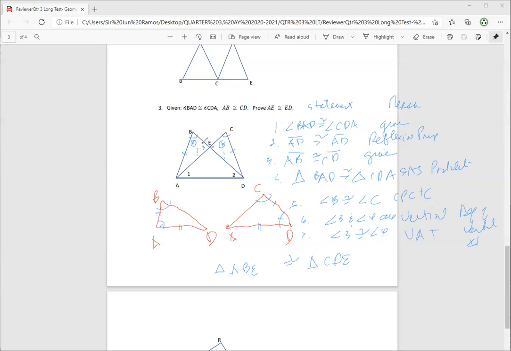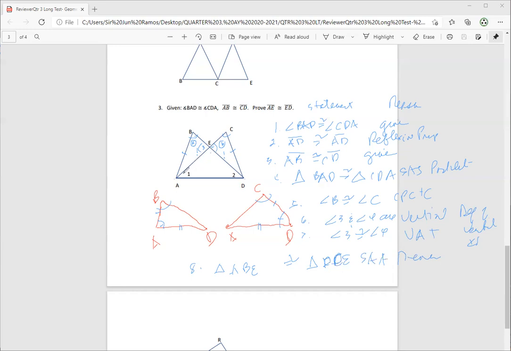So if we have shown that this is congruent to this, I can now say that number 8 here, triangle ABE is congruent to triangle DCE. That is, I already have SAA. So this is an example of the SAA theorem, where the two triangles are congruent now by side angle angle.